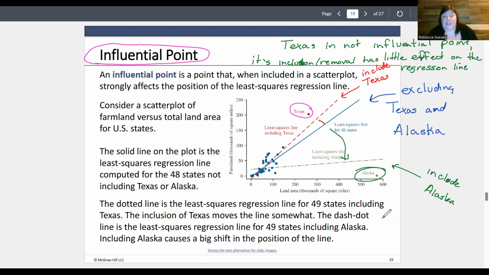However, what we're going to see is that Alaska is influential. When we put Alaska in the data set, all of a sudden it pulls that data way out of place. The dashed line, the least squares regression line for the 49 states, including Alaska, has a big shift in the position of the line. So Alaska is an influential point.